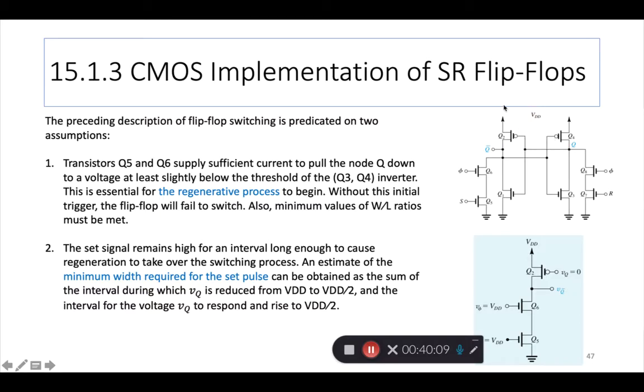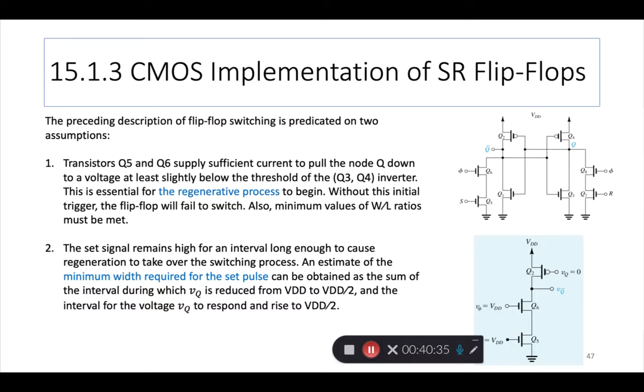So all that circuit stuff has to be available for this to work. That's condition one. Second condition also is that both S and phi, the set signal, for example, the S signal, has to be long enough, right? You can't just say, I'm going to give it a shot at S and then disappear.